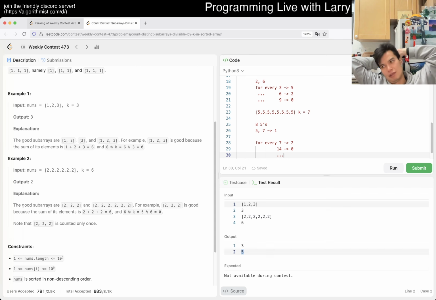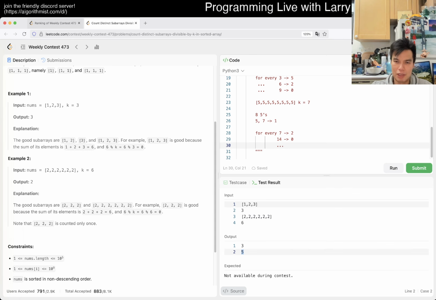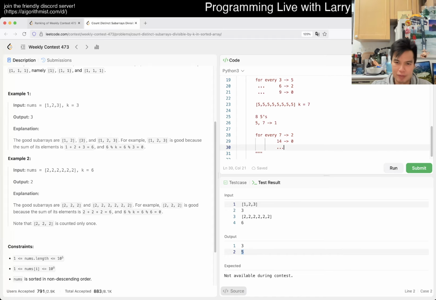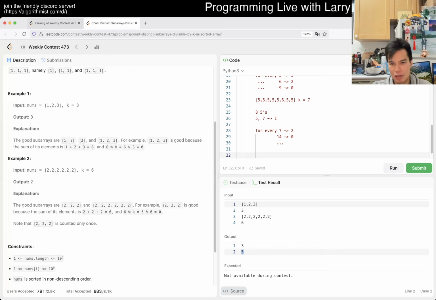Because this depends on k, how do I sum this? I say there's 8 of these, so f of 8.